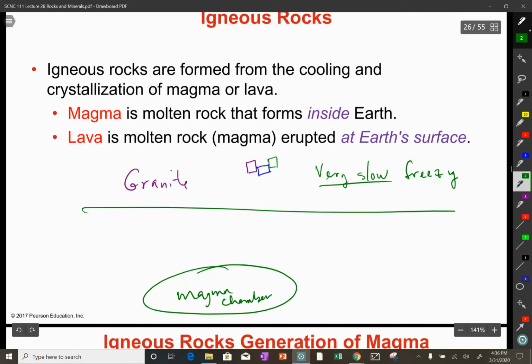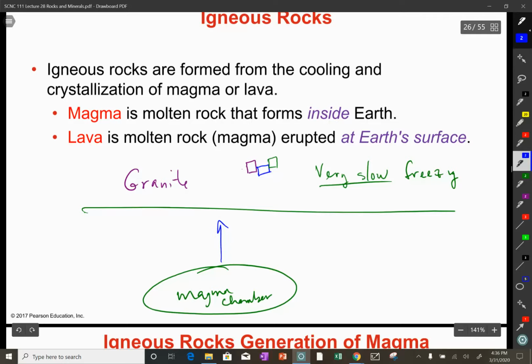And just like other things, when you heat the magma, when you heat it and melt it, it expands. So this magma chamber is less dense than the rock around it. Well, less dense things float up. So over time, very, very slowly, this magma chamber floats up.